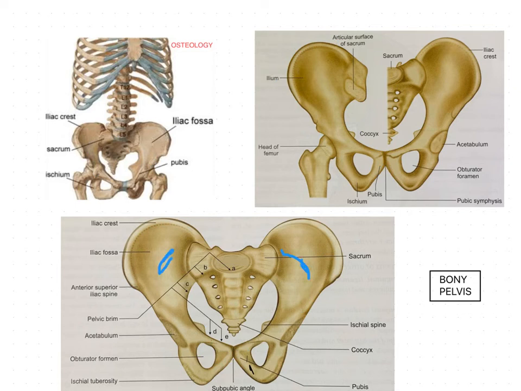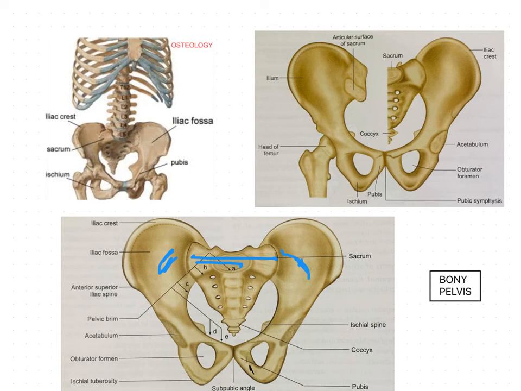So this forms the greater part, and posteriorly it is formed by the base of the sacrum. So the walls of the greater pelvis are formed by the broad upper parts of the two iliac bones, that is the iliac fossa, and posteriorly by the base of the sacrum.